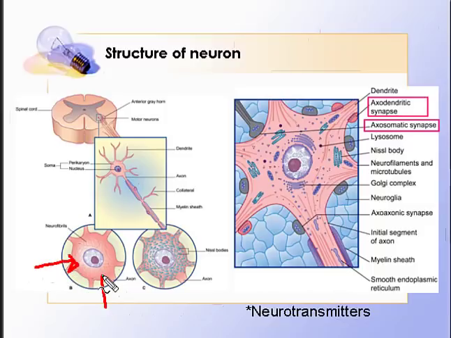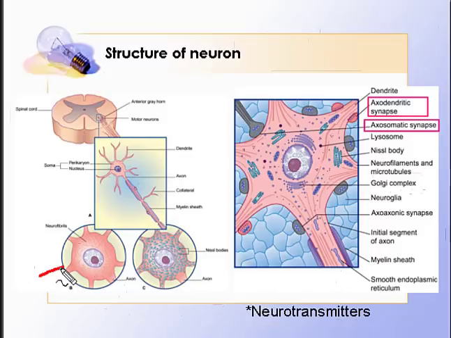These are, and you can see them up here too, the neurofilaments and microtubules. And then in the cell body you'll see a nucleus, a prominent nucleolus. So the nucleolus is very, very prominent in a neuron.